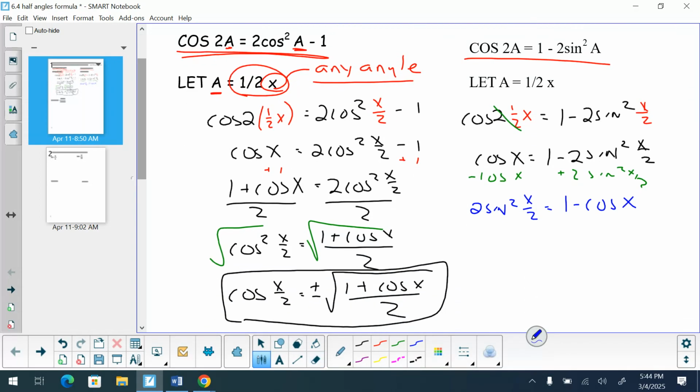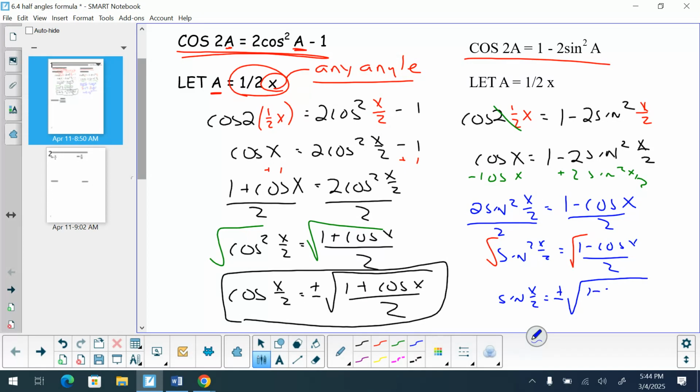We divide by 2. Now it's the exact same thing as we did before. Sine squared of x over 2 is equal to 1 minus cosine of x over 2. Square root, square root. We're left with the sine of x over 2 is equal to plus or minus the square root of 1 minus cosine of x all over the value of 2.